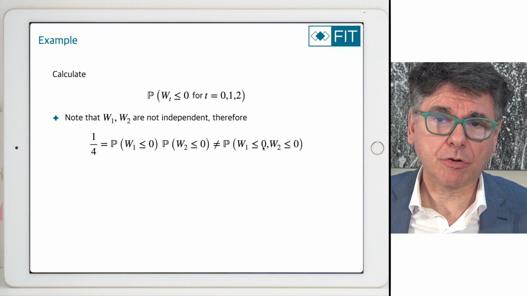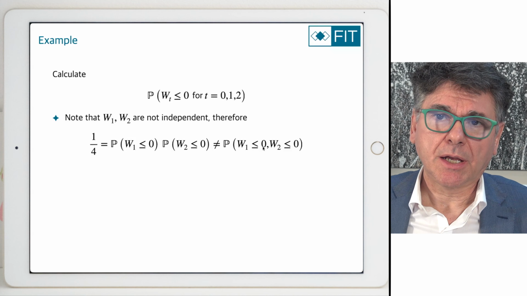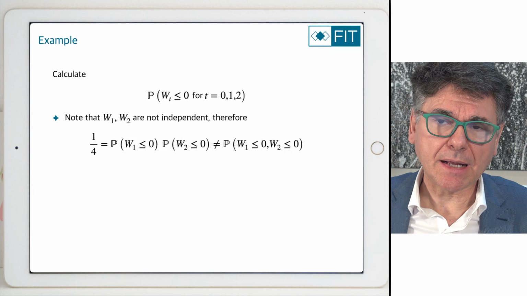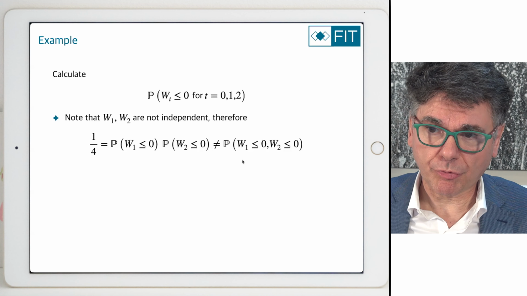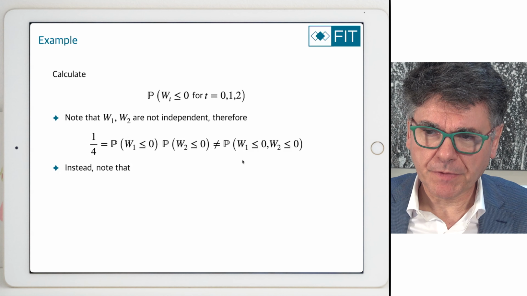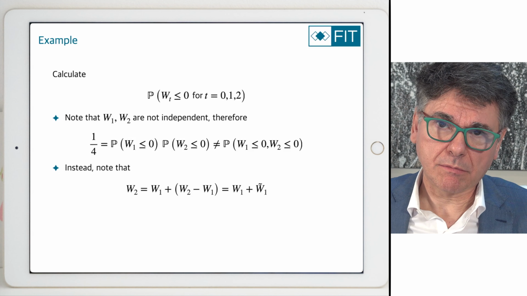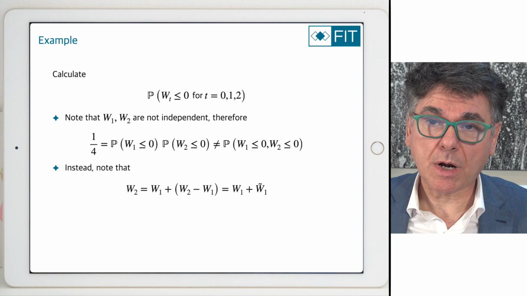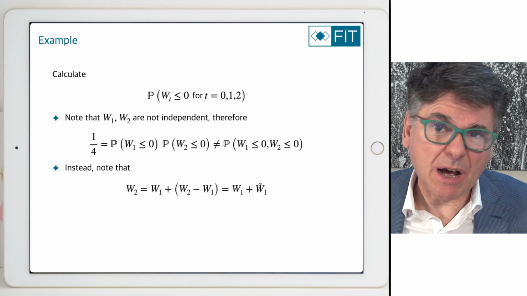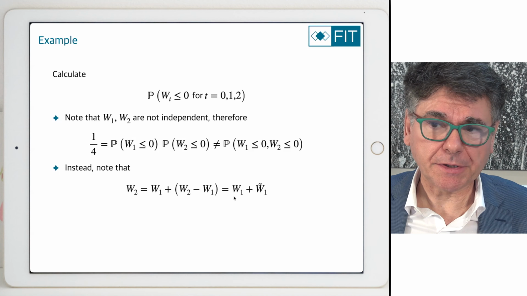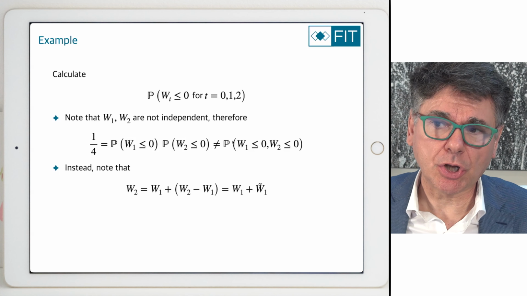It is not true that Brownian motion as a process at time 1 and at time 2 are independent of each other. What is true is that the increments, W2 minus W1 and W1 minus W0, which is W1, are independent. So this is what's independent, not the previous one.